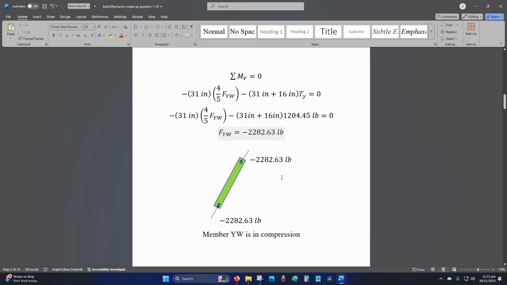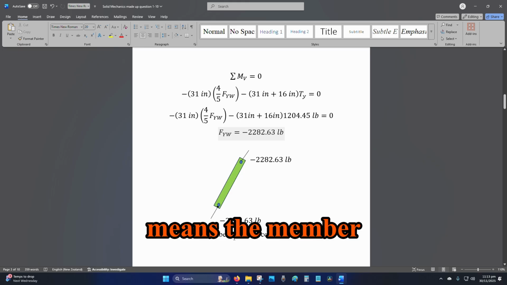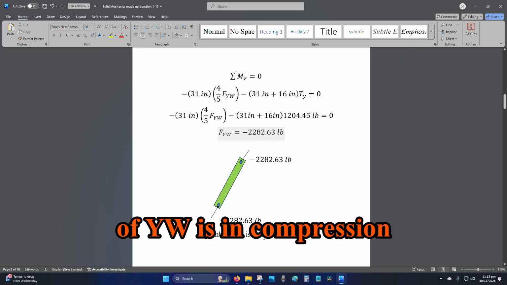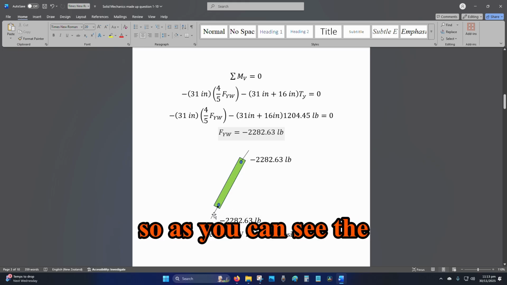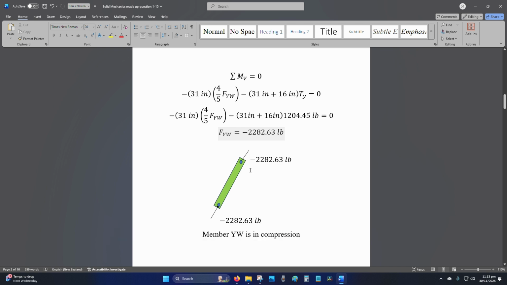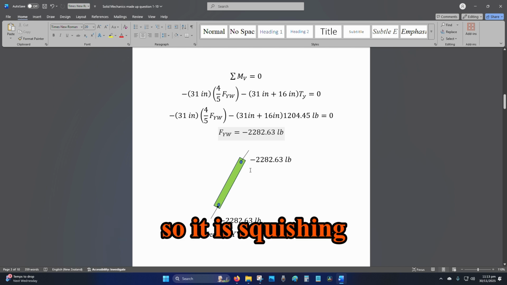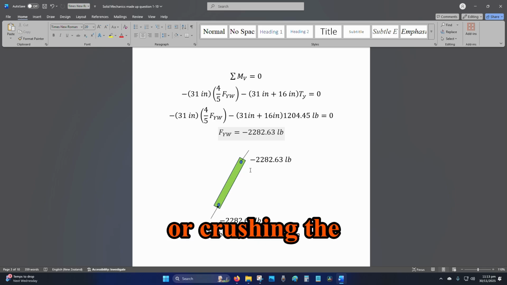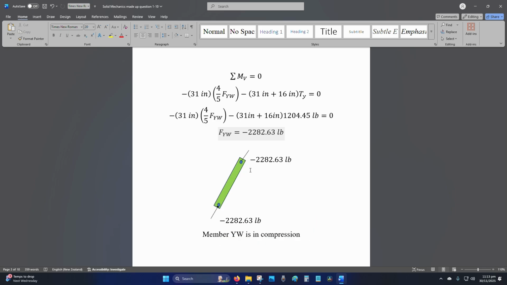So the negative means the member YW is in compression. As you can see, the arrows are pointing inwards. So it is squishing or crushing the pinhole.